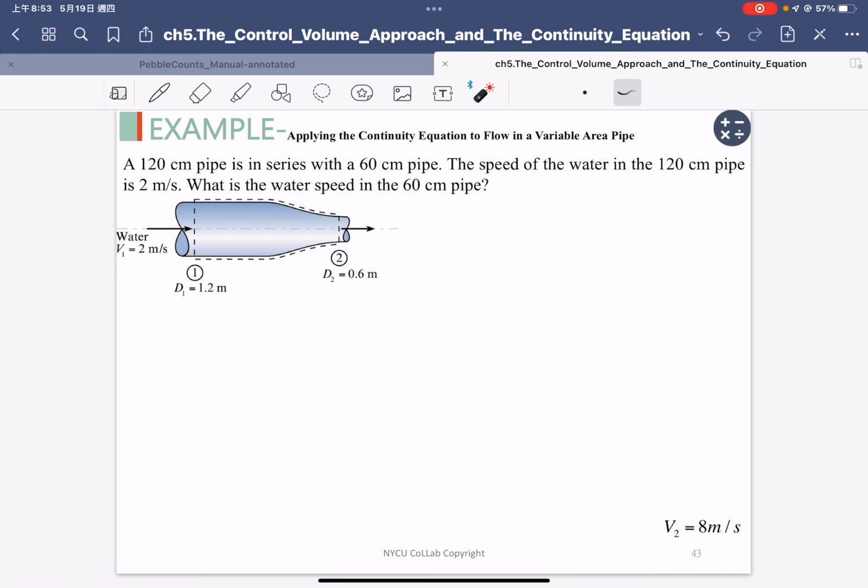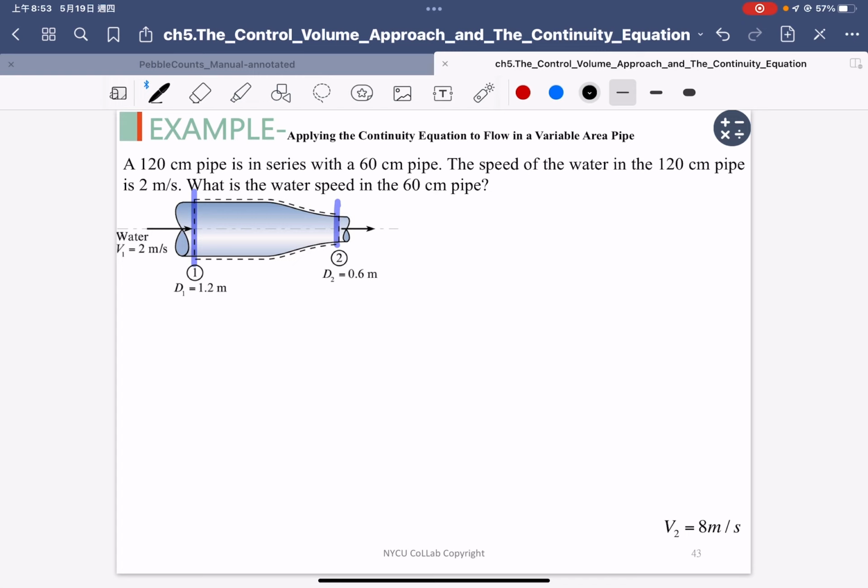Okay, so we have a very quick exercise to help us better understand how we can apply the continuity equation to pipe flow problems. As you can see, we have cross section 1 and cross section 2.